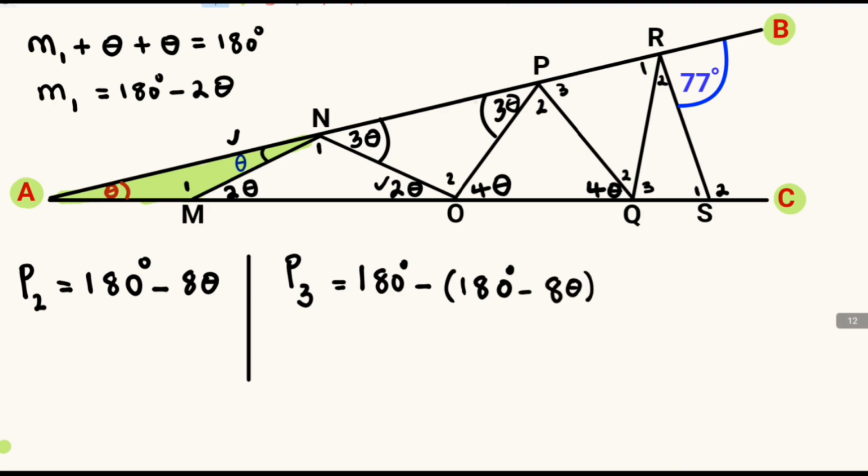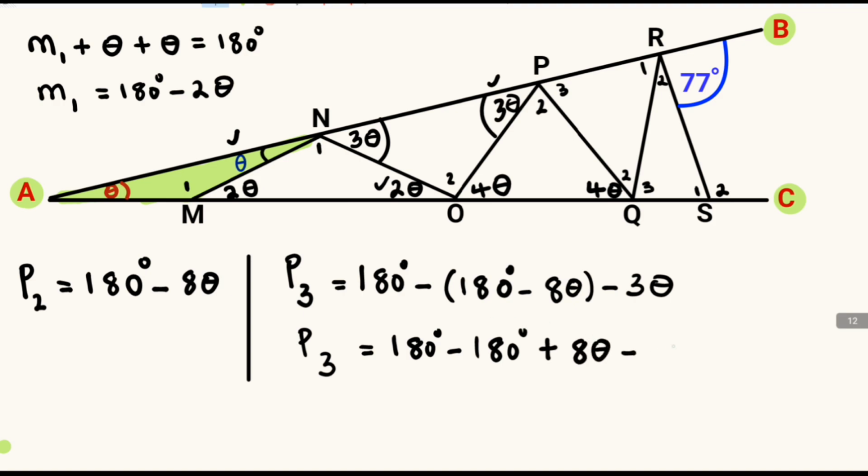And we also have that 3 theta on the straight line. So our P3 will be equal to 180 degrees minus 180 degrees plus 8 theta after distributing the negative sign, minus the 3 theta.